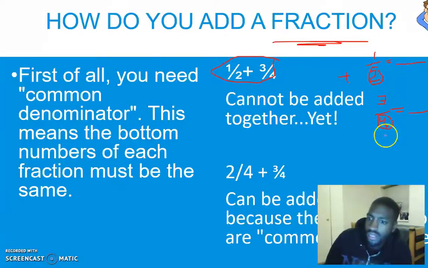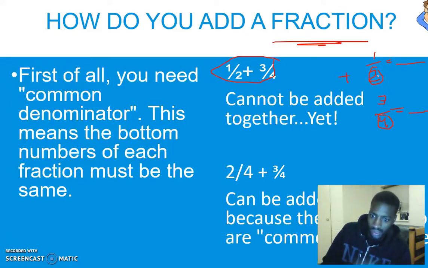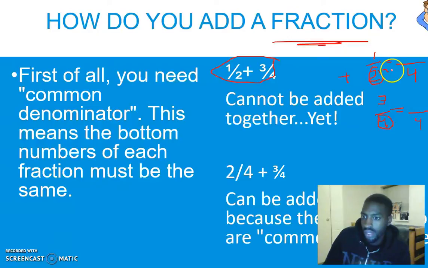For these to have a common denominator, they have to be the same. You can say 2 times 2 equals 4. You don't want to divide here because that wouldn't make sense. So you come over here and put the 4. What number times 2 equals 4?